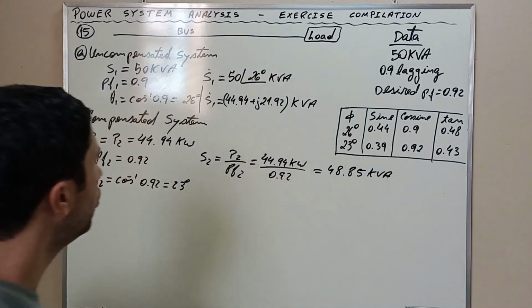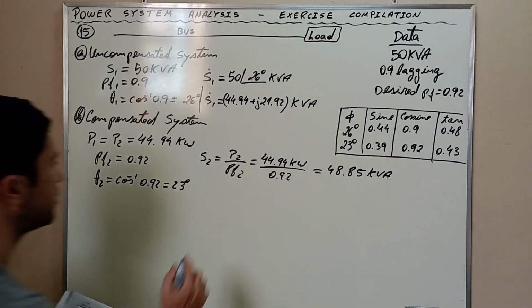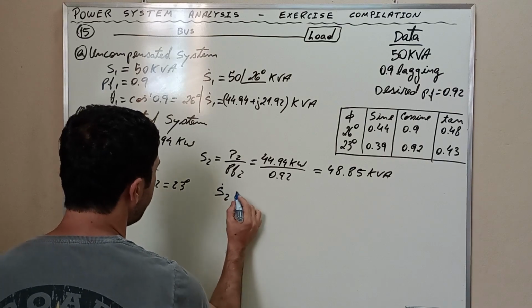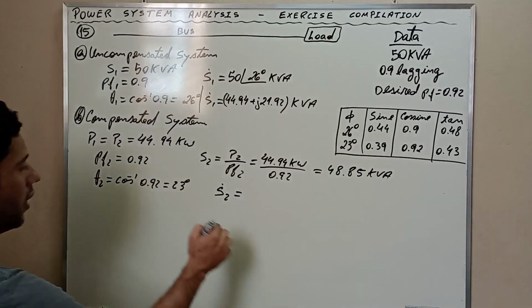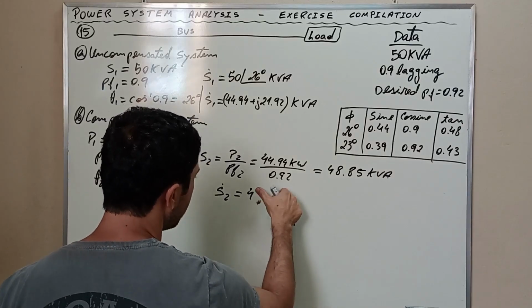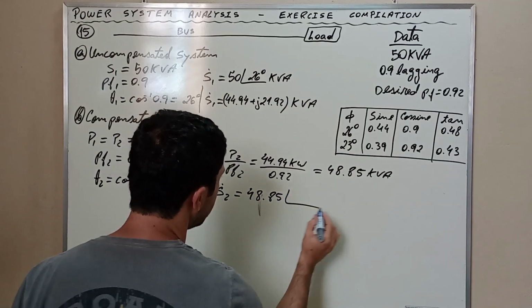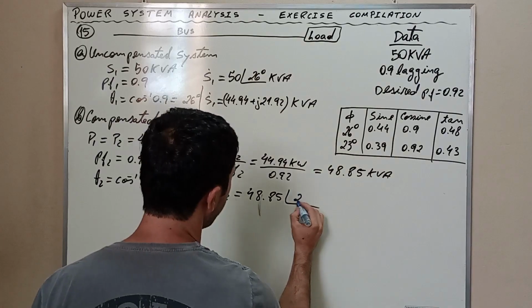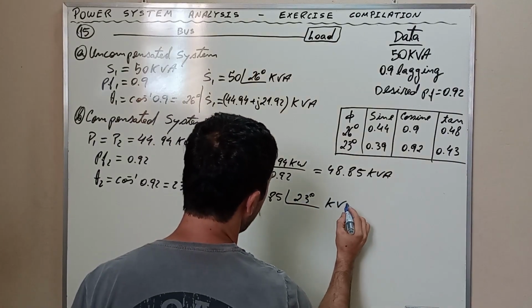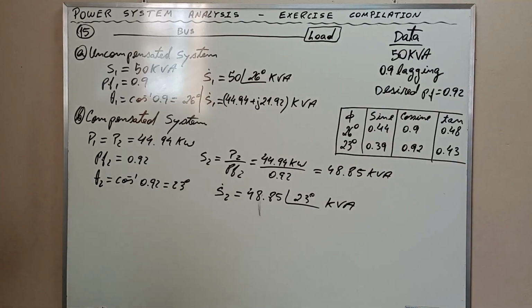And in this way, we have the complex power of the compensated system. The complex power of the compensated system, S2 with a dot on top, is equal to the apparent power 48.85 in the phase of 23 degrees kVA. Okay? Alright?